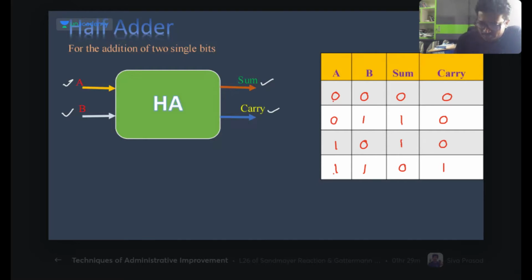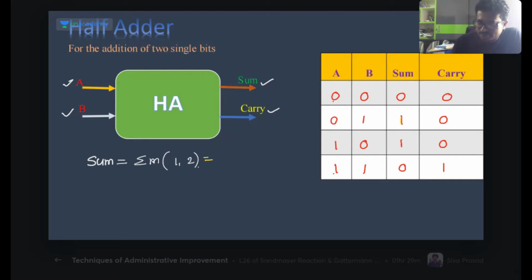Isn't it? So from this, tell me the sum expression. What are the min terms of the sum? It is 1 comma 2. So how can we write the sum expression?